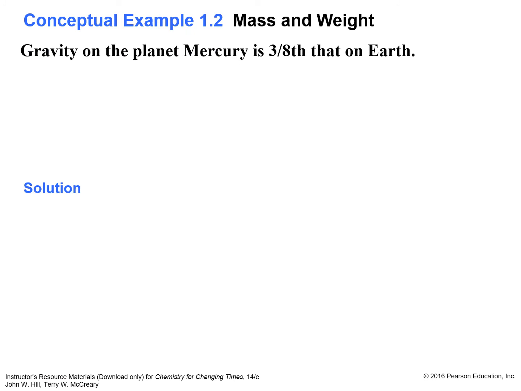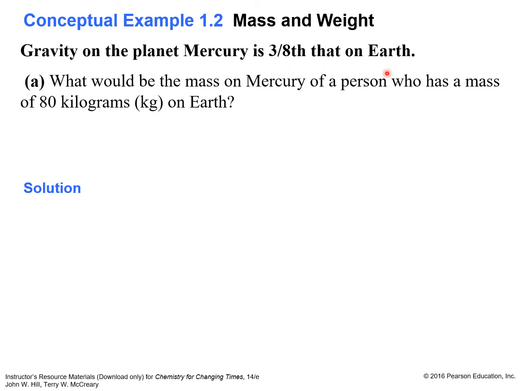Let's take an example to apply the concept of mass and weight that we learned. Here's a problem which says the gravity on the planet Mercury is 3/8 that on Earth. What would be the mass on Mercury of a person who has a mass of 80 kilograms on Earth?